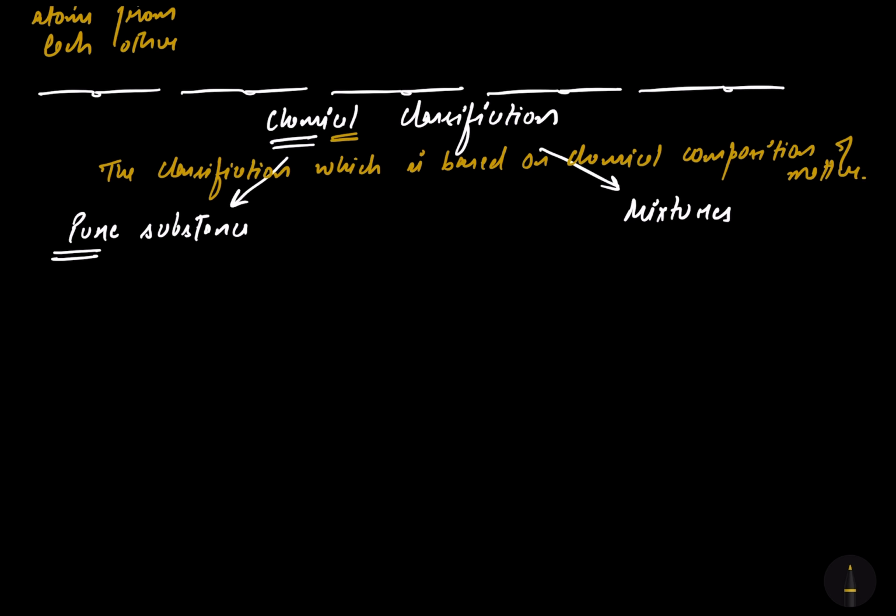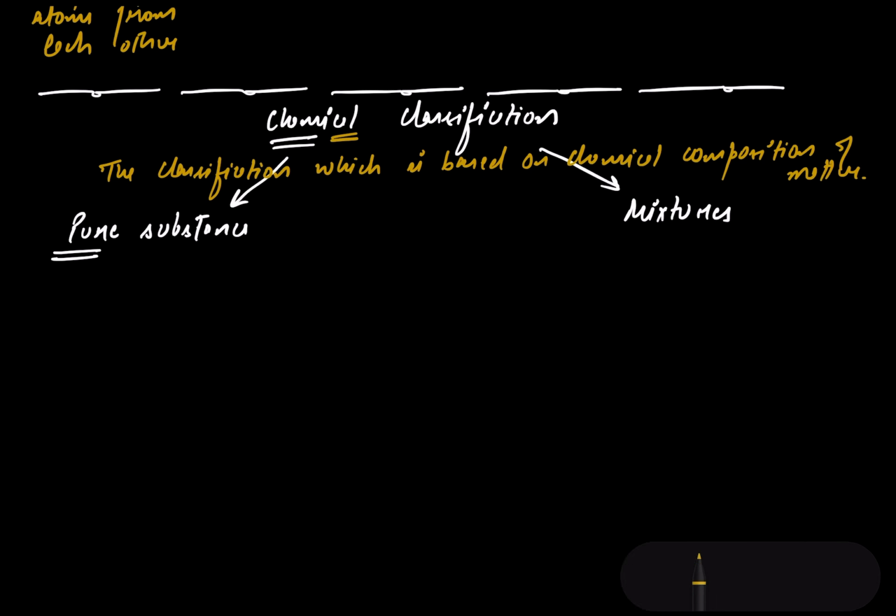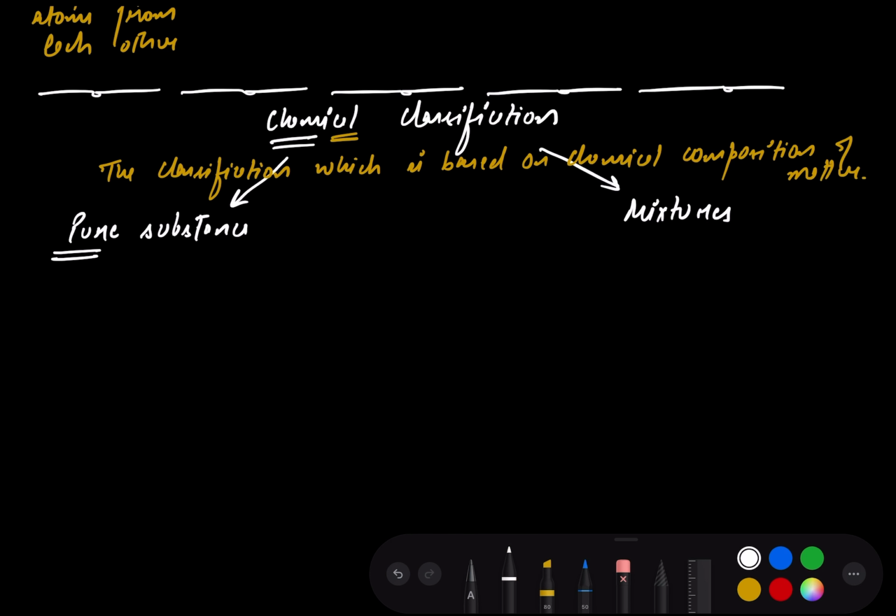The chemical composition stands for which constituent is present in what percentage. That percentage can be according to mass or according to volume. So when we are dealing with the composition of matter, that stands for chemical classification. Under chemical classification, we have two types: the pure substance and the mixture.